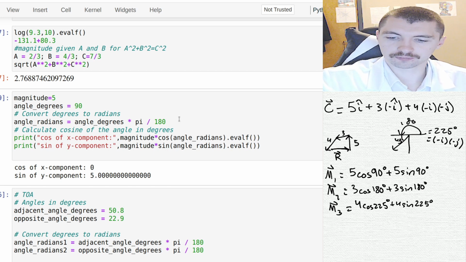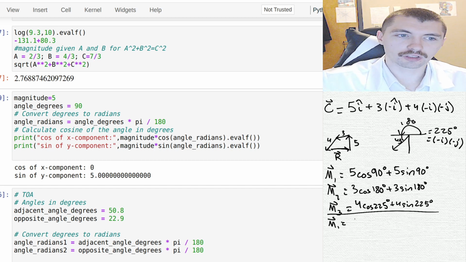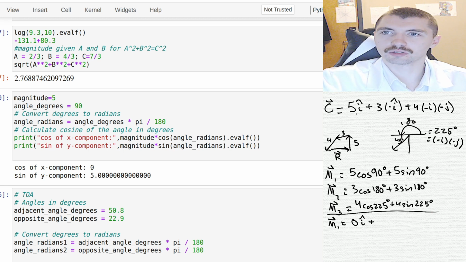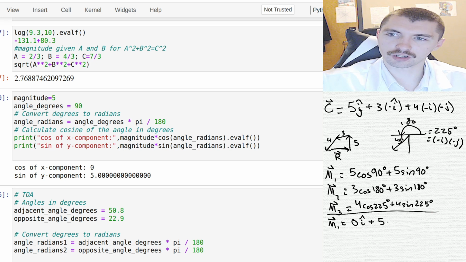So equals 0 plus 5. Okay, so this should be J. So we're going 0 in the X direction, or we're going 5 in the Y direction.